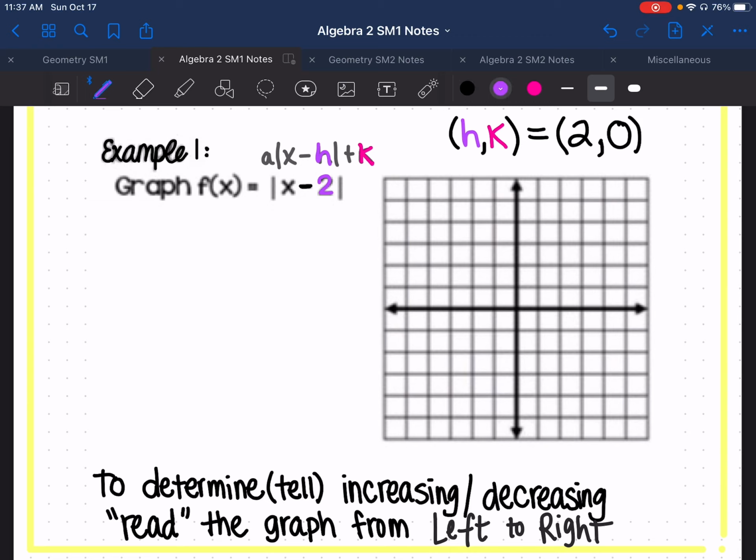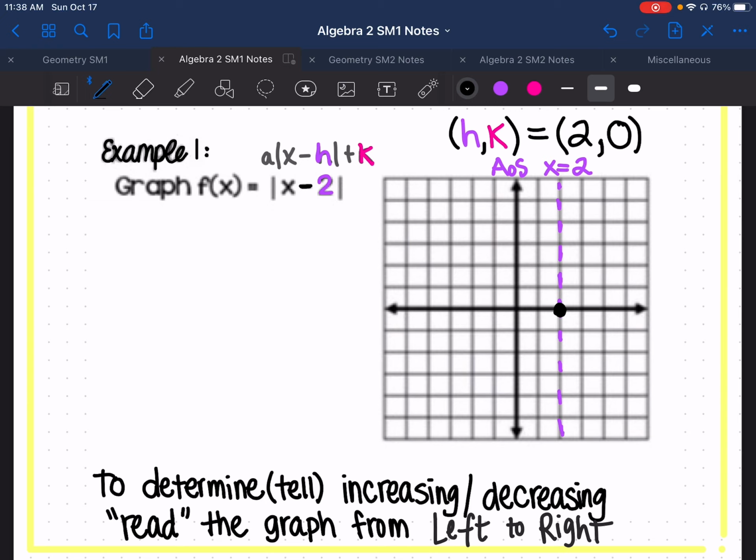And I could even go ahead and say the axis of symmetry is X equals 2. So right here at 2 on my X axis, there is a vertex line. There we go. There is my axis of symmetry. Here is my vertex.